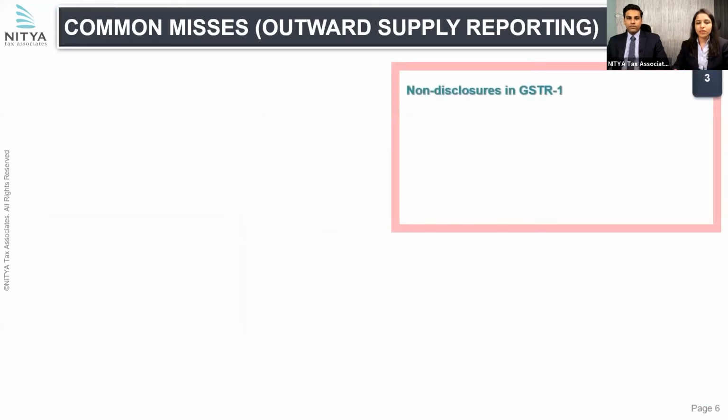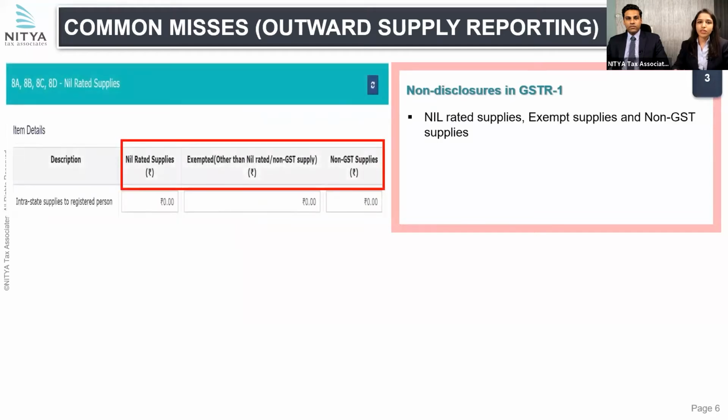The third common miss that we notice generally while filing GSTR1 is non-disclosures in GSTR1. The first non-disclosure is of nil-rated supplies, exempt, and non-GST supplies. On a prima facie view, they appear to be all similar transactions.